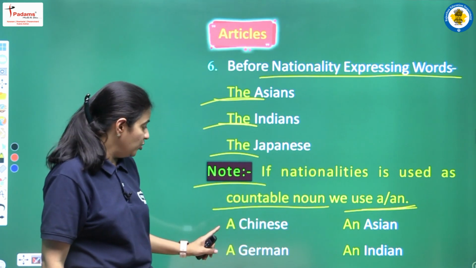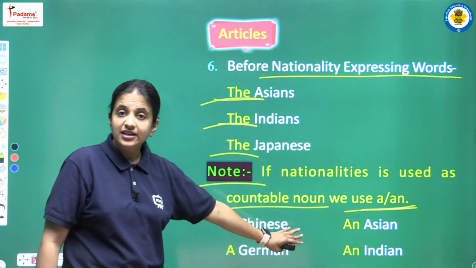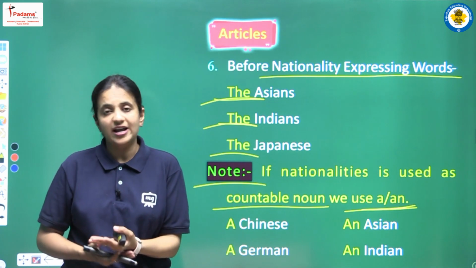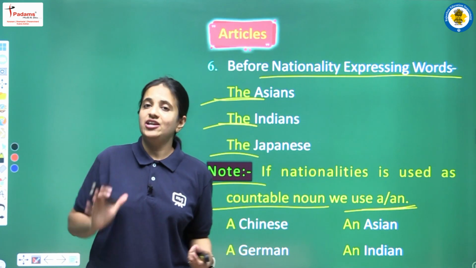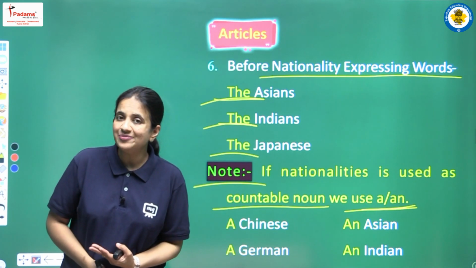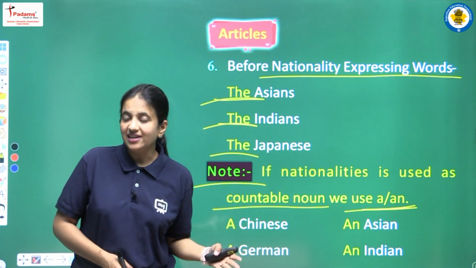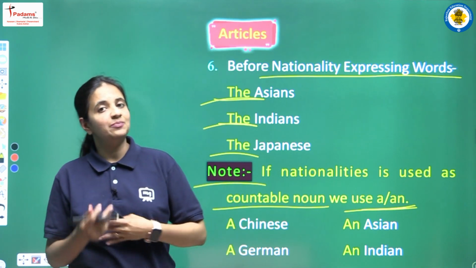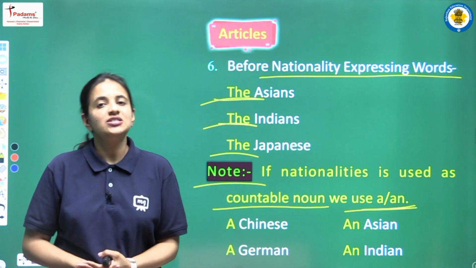Let's see the example over here. The first one is Chinese. Then we have to use a or an according to the sound that we discussed in the previous video: if we are having a vowel sound in the beginning, then we use an, and if we are having a consonant sound in the beginning when we pronounce it, then we use article a.